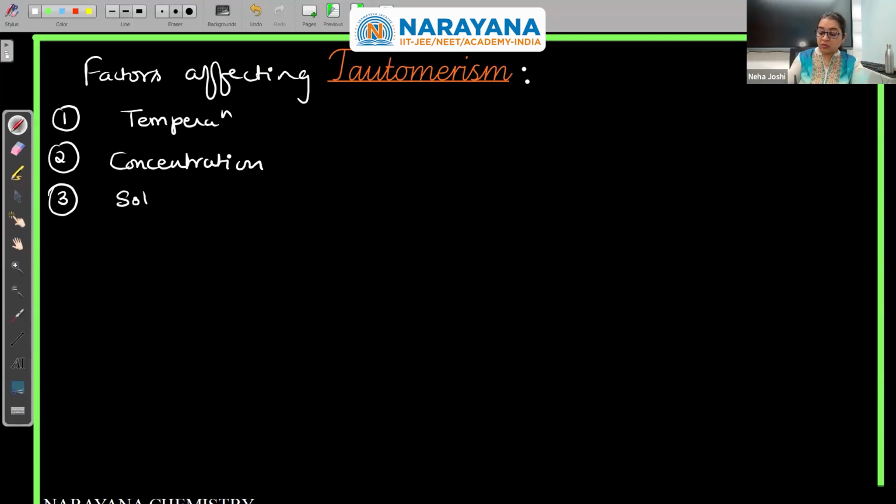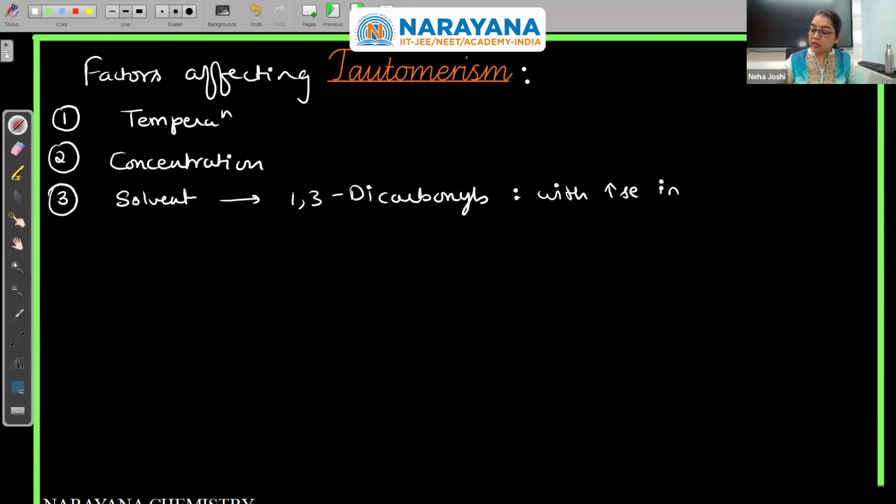Then there is solvent. Solvent is mainly useful for 1,3 dicarbonyls, not always. With increase in solvent polarity, keto form will increase.